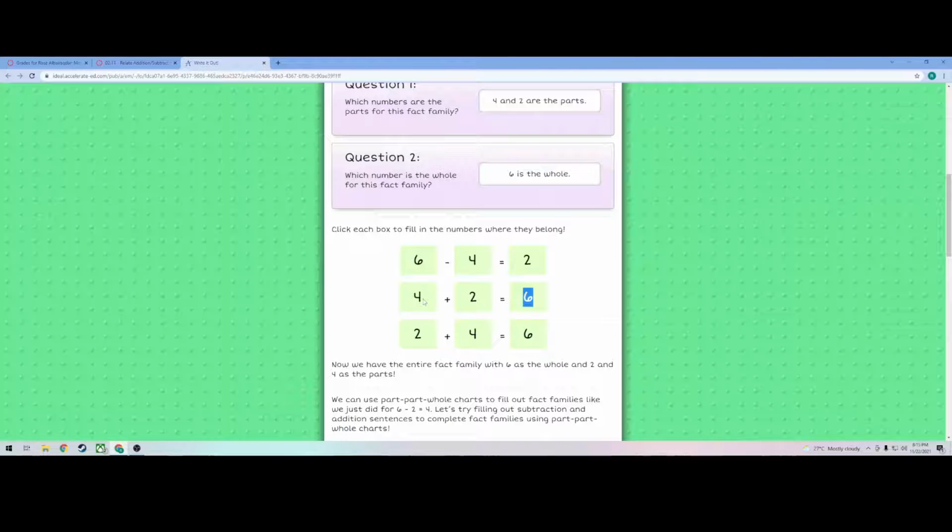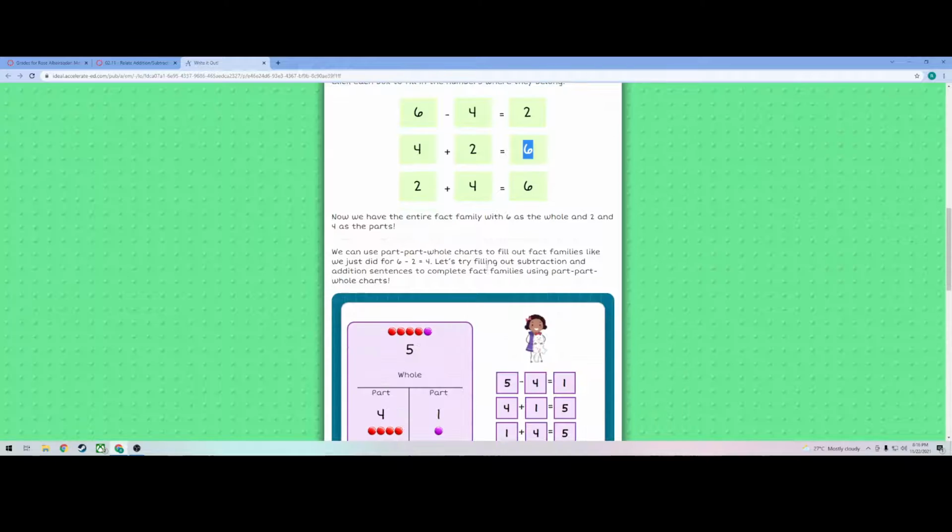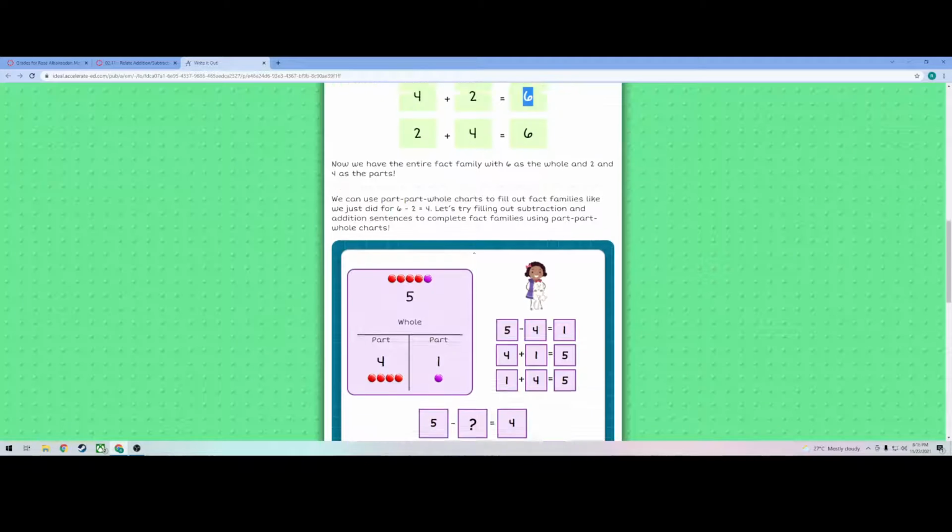Now I can make another fact. If my fact is 6 as the whole, I can change 4 and 2 to 3 plus 3, right? So if I give you 6 balls, you can make 2 parts, 3 balls and 3 balls. 3 plus 3 equals 6. So this is another fact, but I will explain it in a separate video.